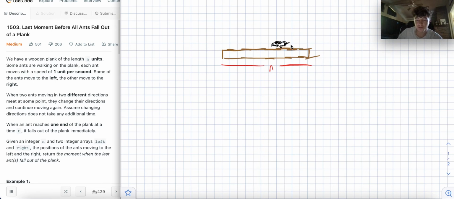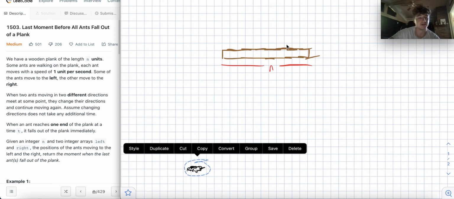Boom, boom, boom. And eventually this ant's going to reach the end of the system, and it's going to fall off. Okay. It's insane how slow the delay is on my computer. All right, but that's neither here or there.